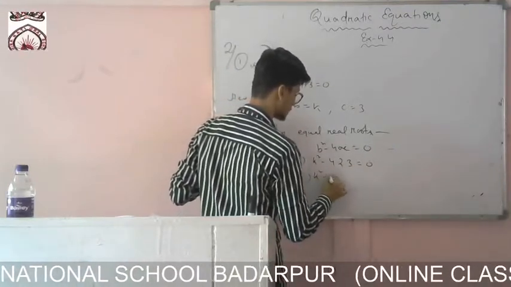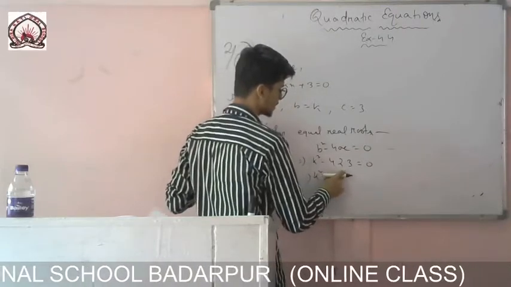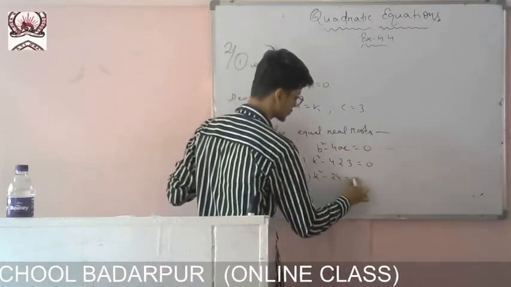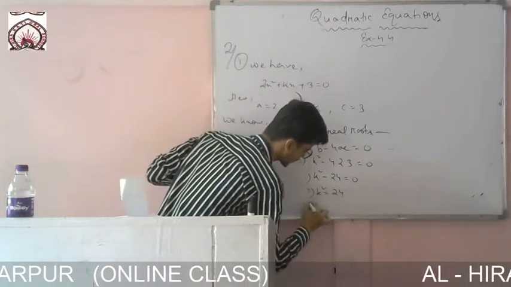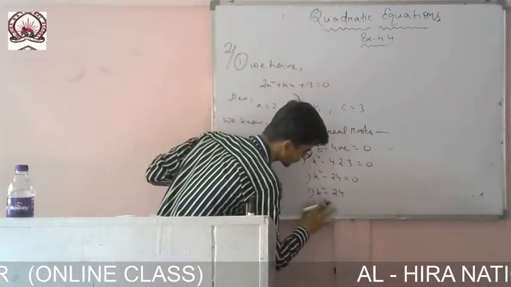So k square minus 4 2s are 8 and 8 3s are 24 equals to 0. So k square equals to 24.